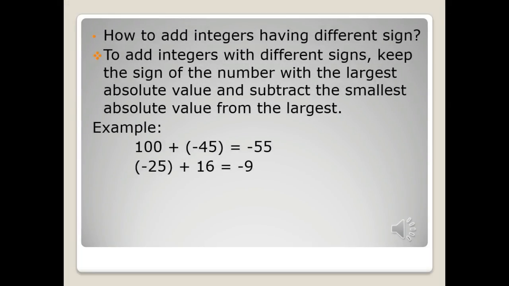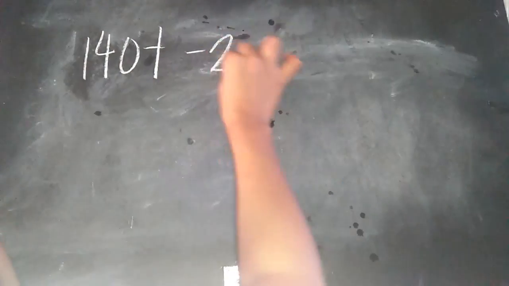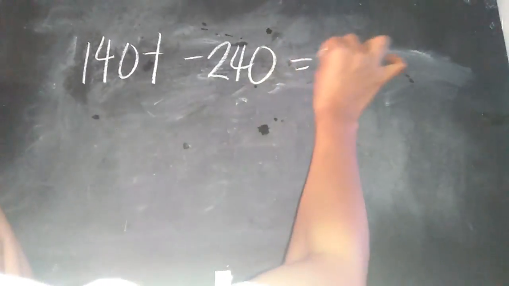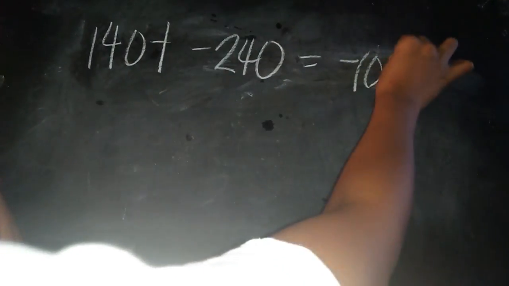Second, adding integers having different signs. How do we add integers having different signs? Just keep the sign of the number with the largest absolute value and subtract the smallest absolute value from the largest. Example: 100 plus -45 is equal to 55. 140 plus -240 is simply -100.